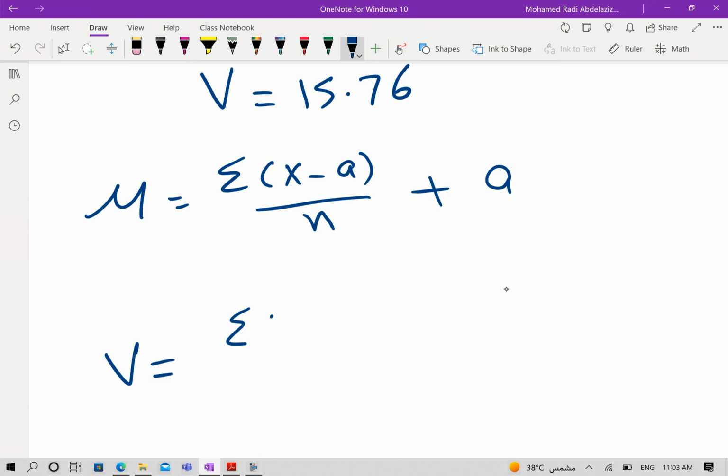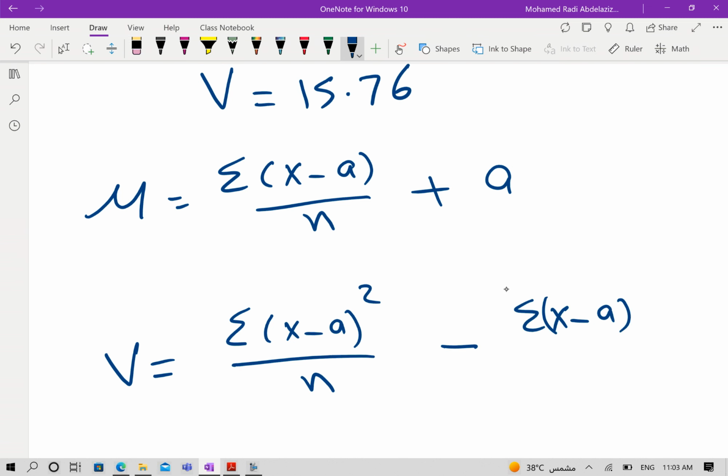So sum of x minus a all squared divided by n minus sum of x minus a over n all squared. But this mu, if you write mu, is after the values are coded.